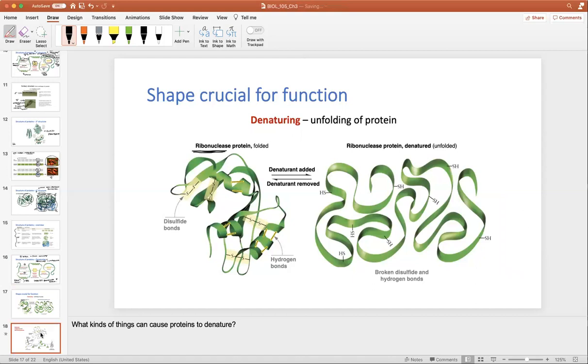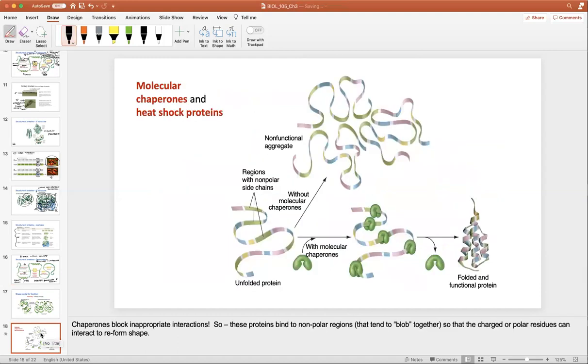What if that happens inside your body, right? Sometimes proteins, this can happen in your body. It happens when you get hot, like when you maybe have a fever or if you have a burn or something like that. Well, it turns out that we do have a way to repair proteins. So I'm going to put protein repair.